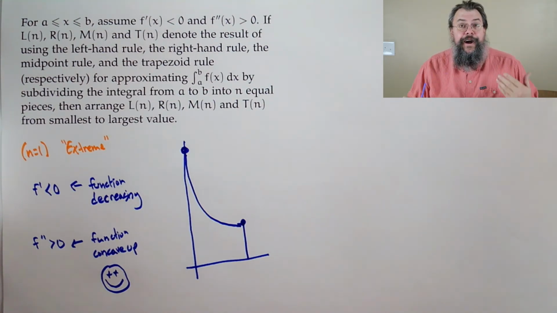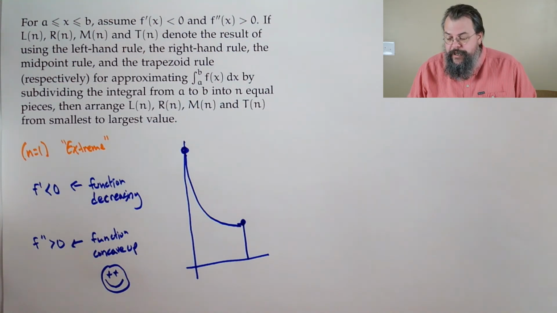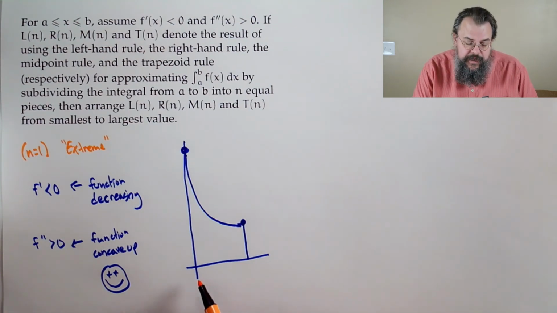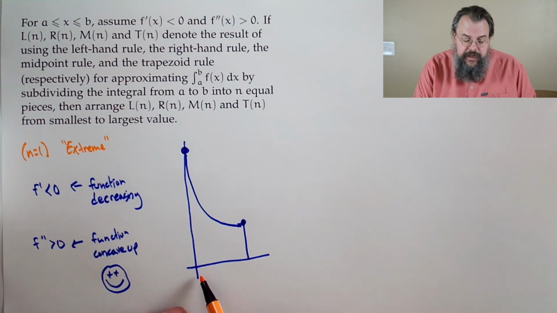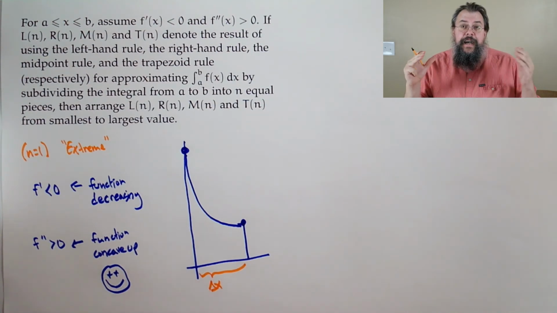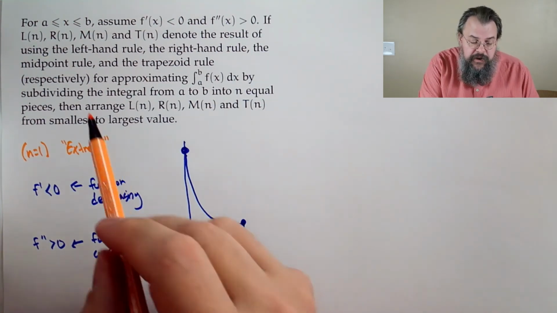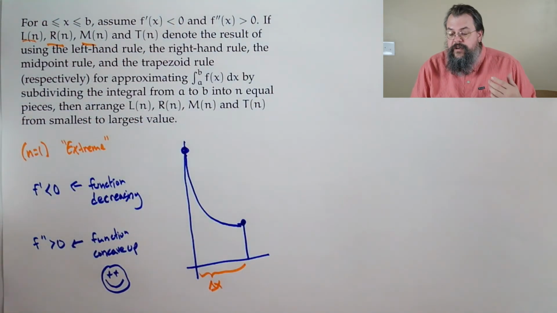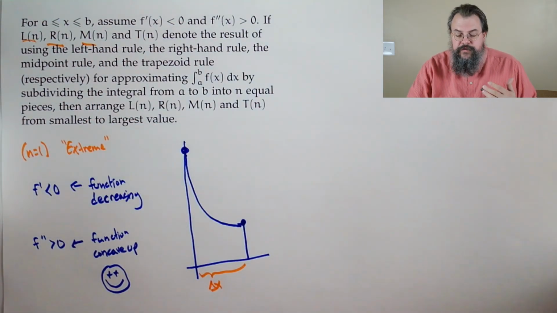So, how can we think of what's going on? If I only have one interval, let's think about where we would end up in terms of the heights. Because I can think of it as having a base, and then a height. So let's talk about our left, right, and middle. We can spot some of these right away.